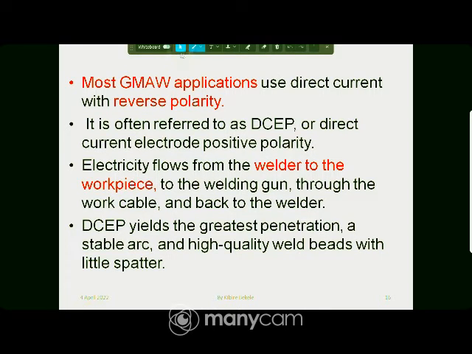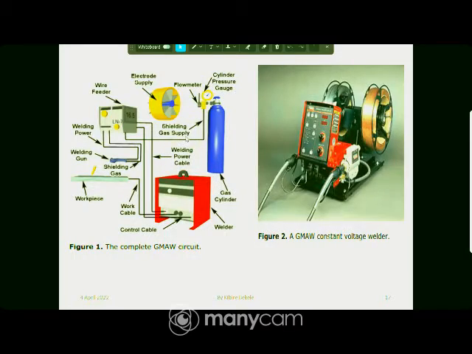In this equipment, these are the parts of the complete electric circuit of gas metal arc welding. Here, this is a cylinder. The cylinder contains the shielding gas. We can have an inert gas or an active gas.